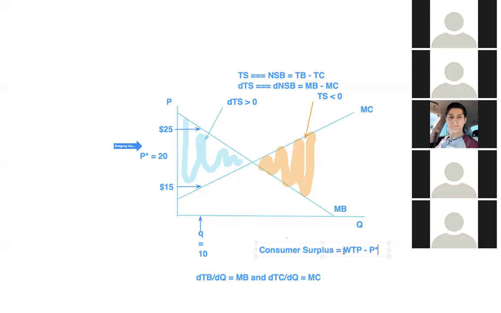That's the buyer's portion of the gains from trade that the buyer gets to keep. And we also have producer surplus, which is equal to P star minus, I was going to say marginal cost, but I'll just say cost, to keep it simple.